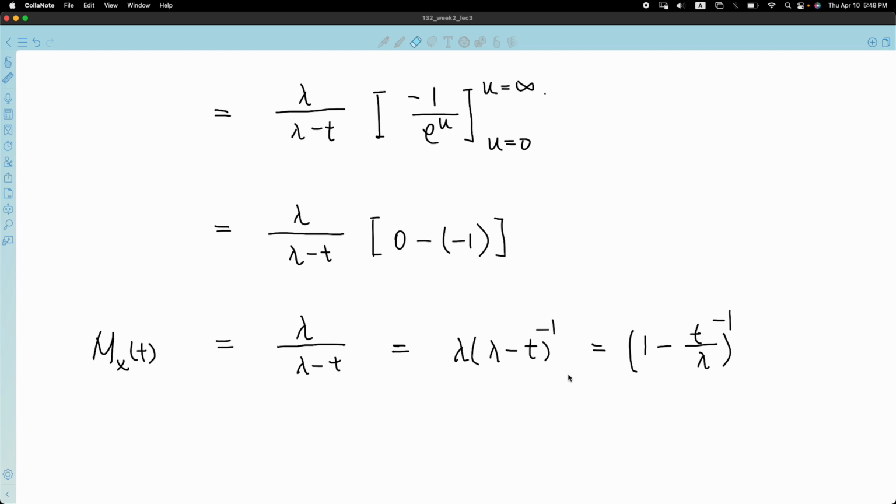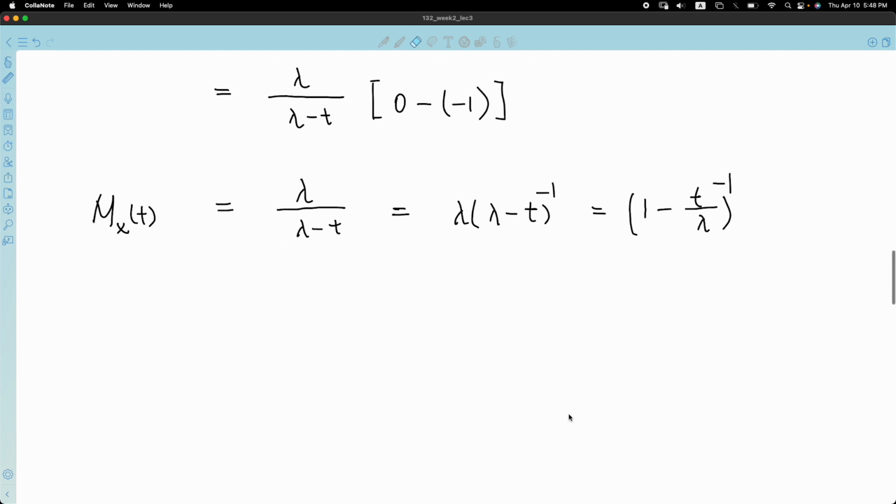Okay. Next, let's answer our question regarding the expectation and the second moment. So for the expectation, we just make the claim that this is the first order derivative with t set equal to 0.